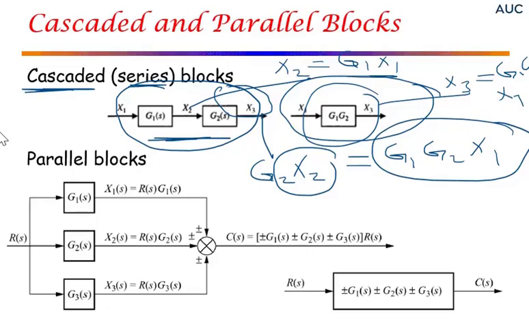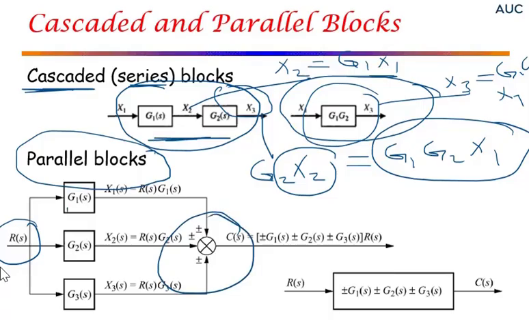So now the parallel blocks, this is a combination when you have the same signal R entering into three different, or maybe more or less, transfer functions. So coming out to a summer, so we can replace this parallel combination by just the summation of the transfer function.